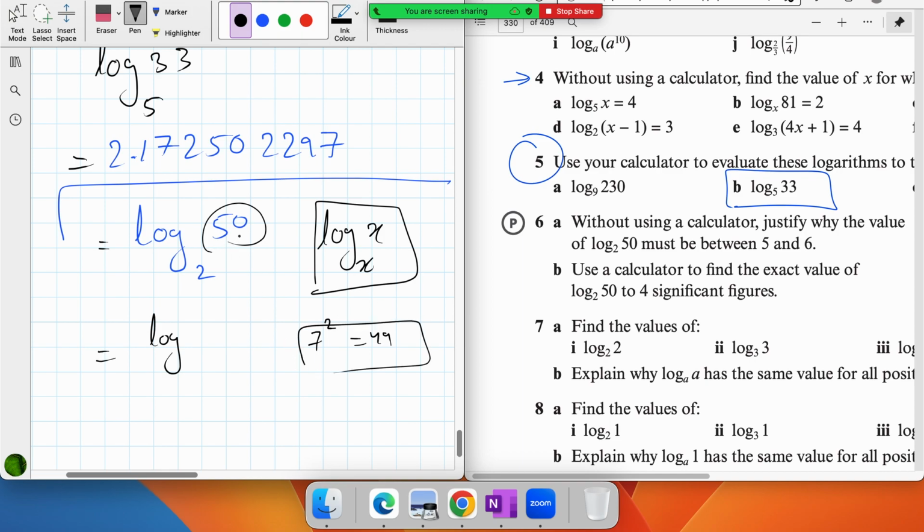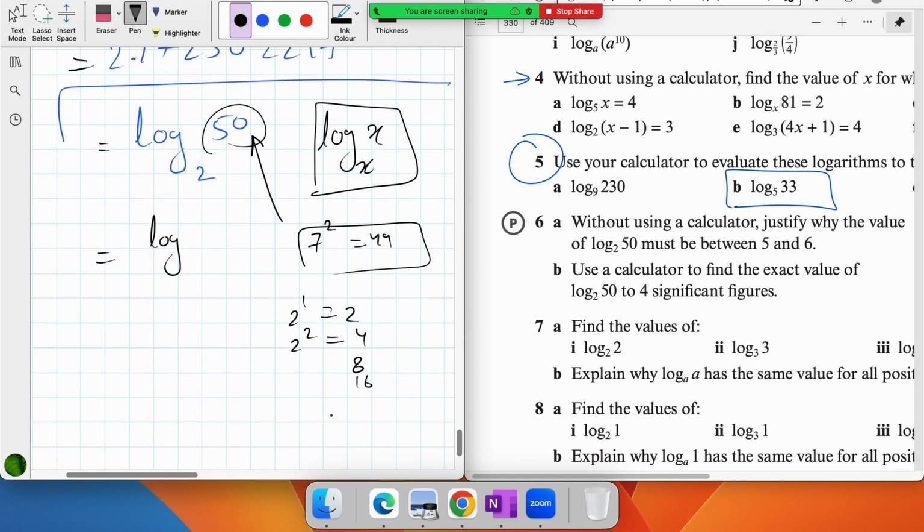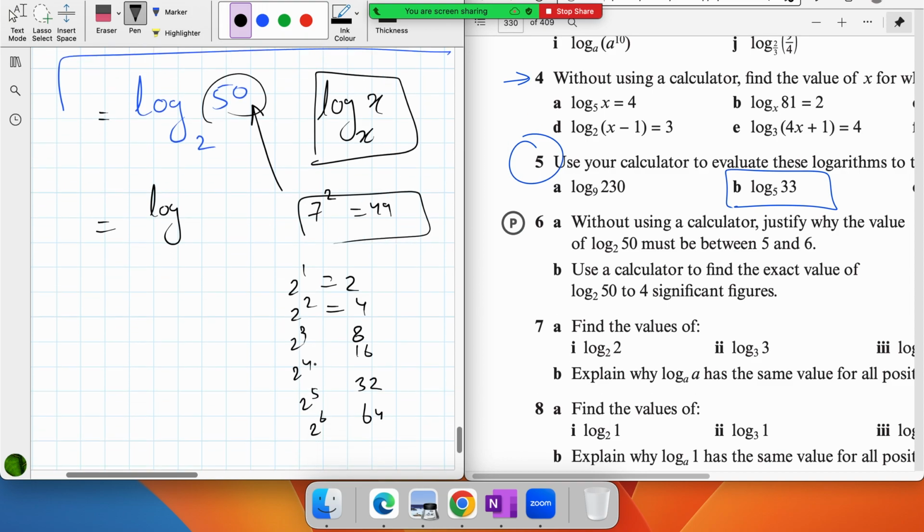We'll be doing that, but we know that 50 isn't there anywhere. For example, 2 power 1 is 2, 2 power 2 is 4, 8, 16, 32, and then 64. So this is 2 power 3, 2 power 4, 2 power 5, 2 power 6.